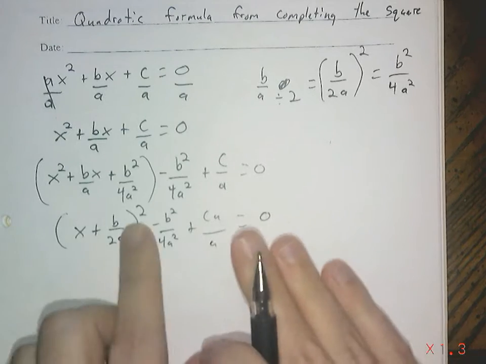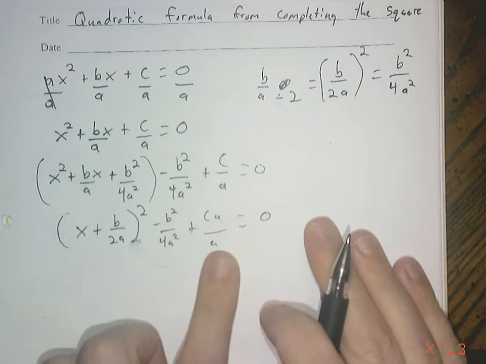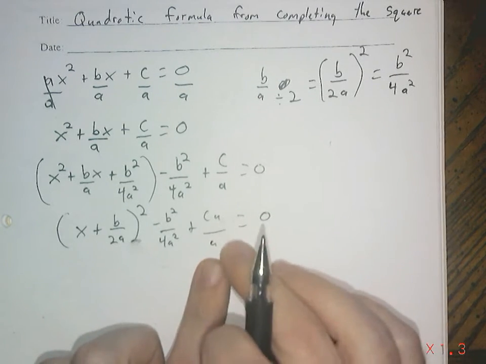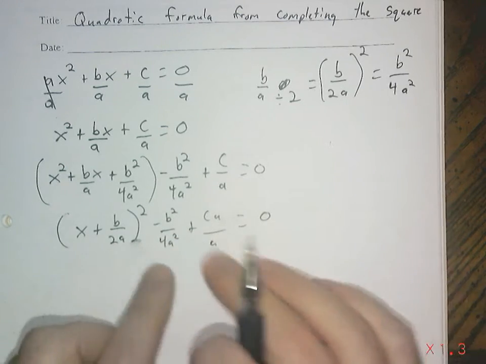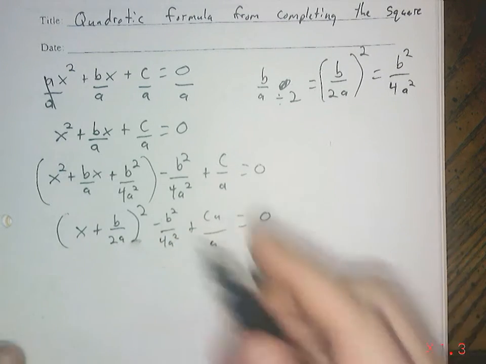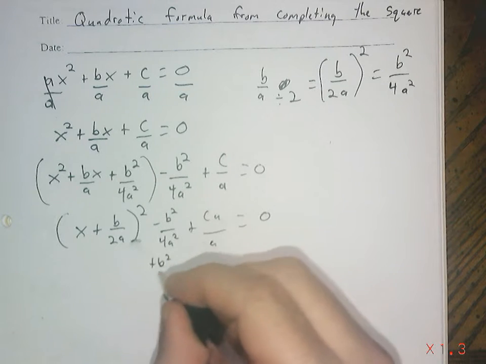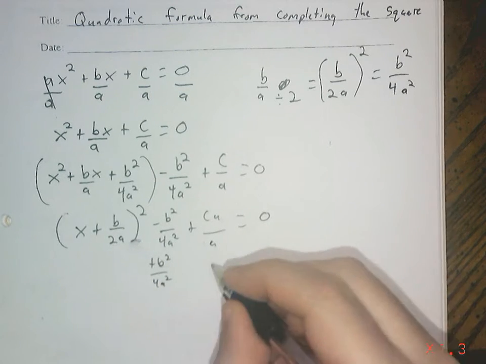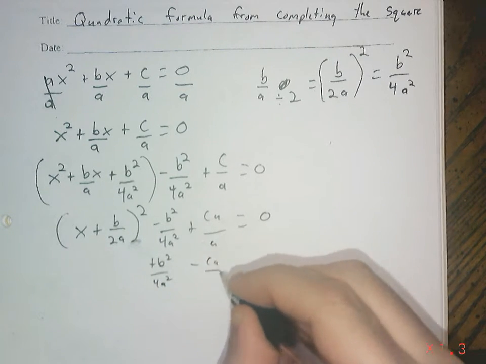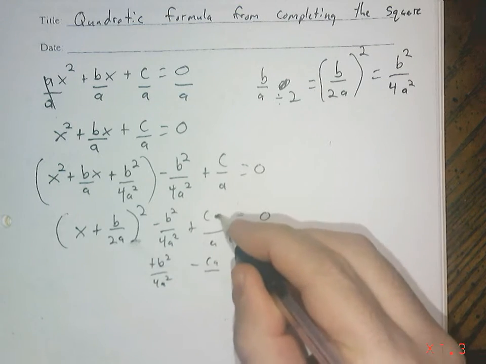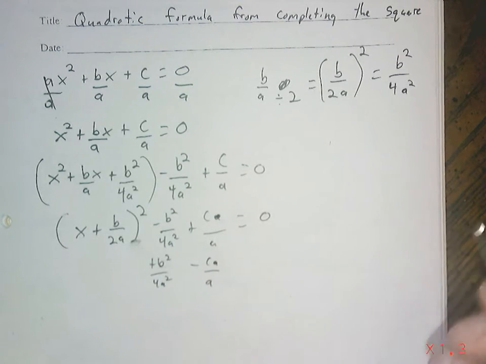So what I'm going to do is, I can't combine them because they don't have the same denominator. I am going to do that, but first thing I'm going to do is move these over to the other side. Okay, so I'm just going to add b squared over 4a squared, and then I'm going to subtract c over a.